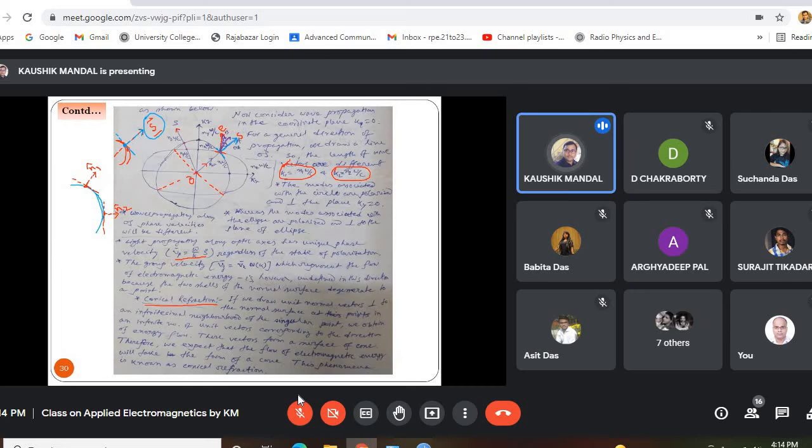One conical structure will form by these unit vectors. These unit vectors are nothing but the direction of energy flow due to the propagation of the wave.